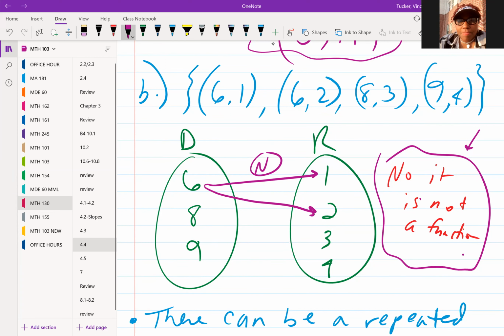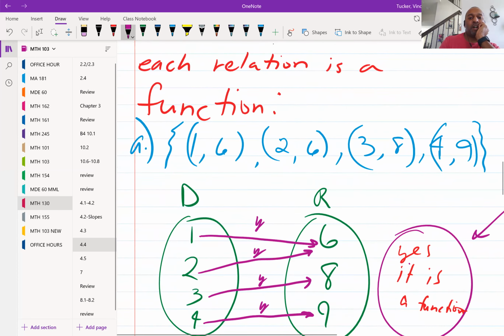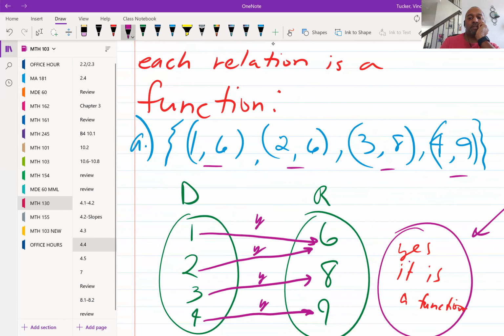Right. And so now when you go back up here, all of these went to one value. 1 only goes to 6. 1 doesn't go to anything else. And 2 only goes to 6, 3 only goes to 8, and 4 only goes to 9. Just because 6 is repeated right here, that doesn't change anything. They only go to one value.